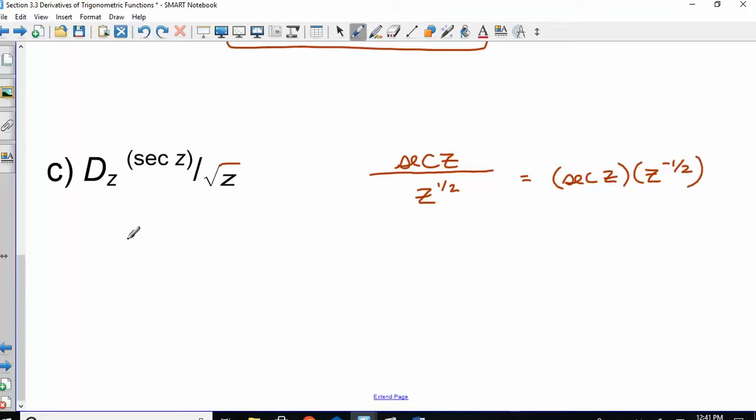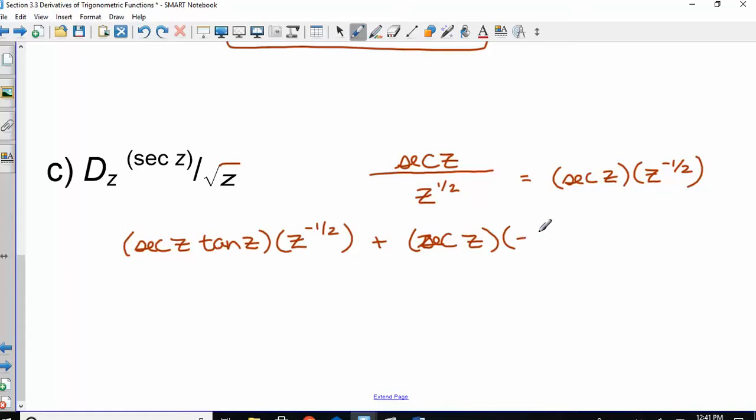So if I do this, derivative of the first, derivative of secant is secant tangent. Derivative of the first times the second plus the first derivative of the second.